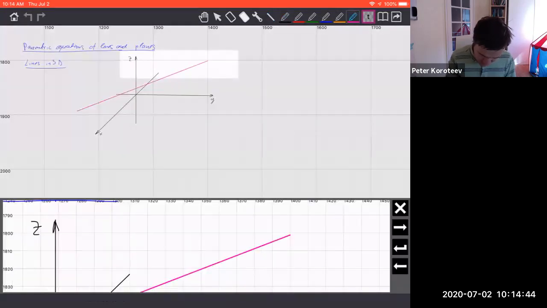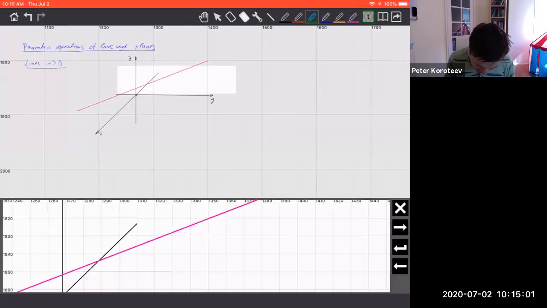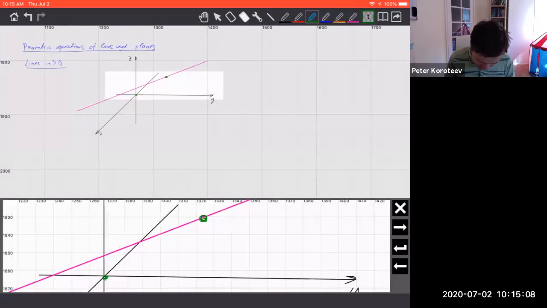Now our task is to describe its equation or equations somehow, and we'll use vectors to help us do so. So let's pick a point on the line, an absolutely arbitrary point anywhere on the line. And then let's draw a vector that connects the origin of the coordinate system and that point. Let's call this vector R0.